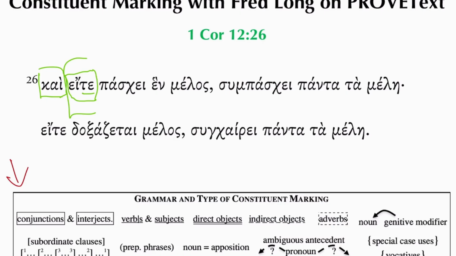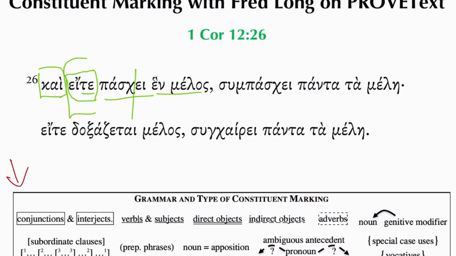Here, it's added to the ei to form eite, which is marking a subordinate clause, particularly a protasis. So eite paschei. Paschei is the verb, cut off the ei ending, which is third singular. En melos. En melos receives a single underline.